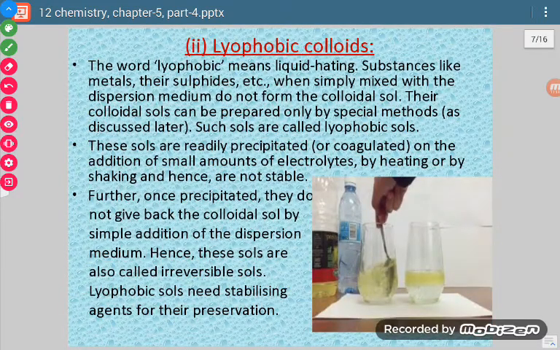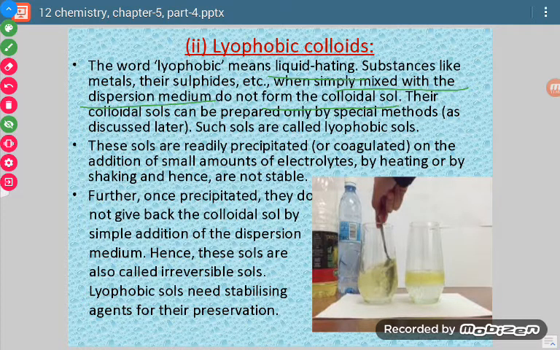Now lyophobic sols or lyophobic colloids. Similarly, the word lyophobic means liquid hating. Substances like metals, when mixed simply with the dispersion medium, do not form a colloidal sol. Suppose I have to prepare gold sol, it cannot be prepared by simply mixing the two.